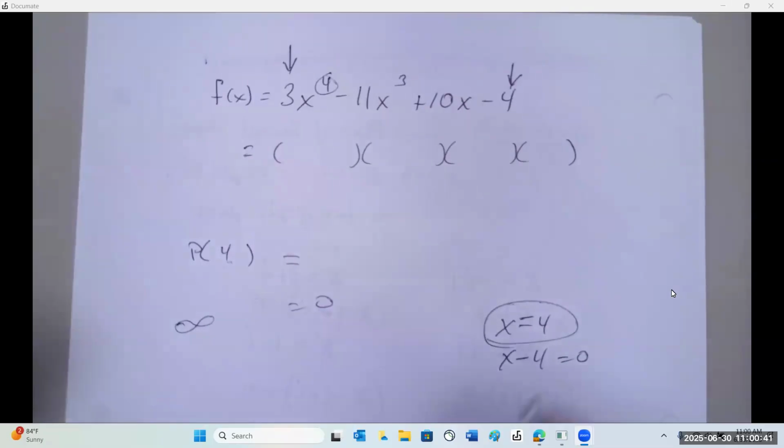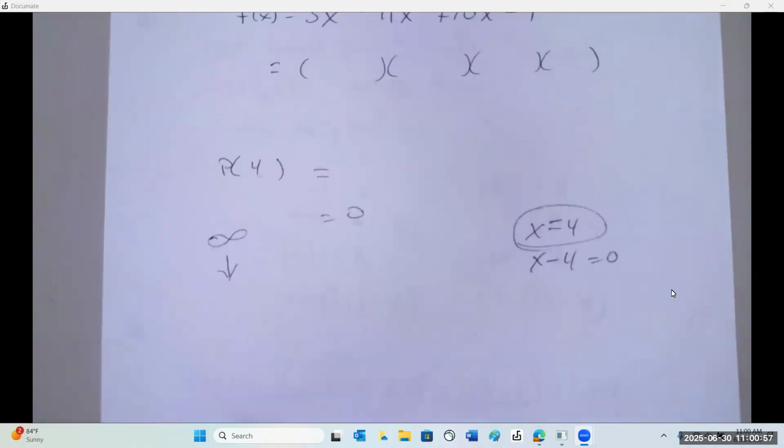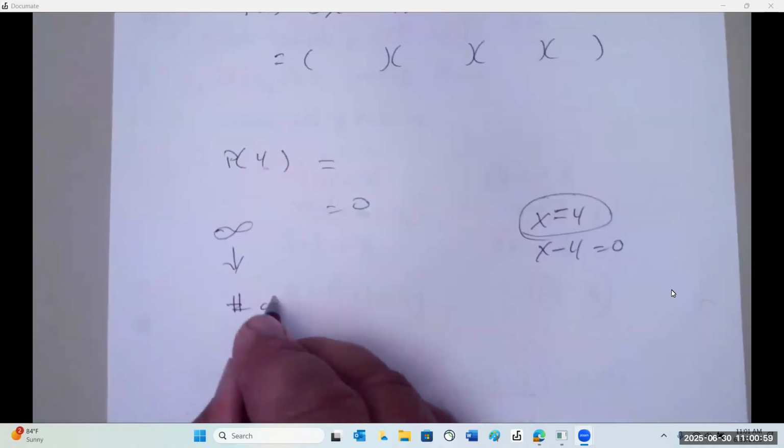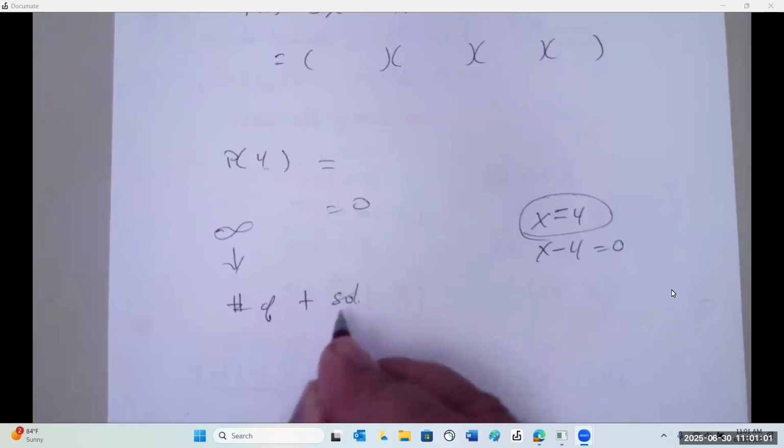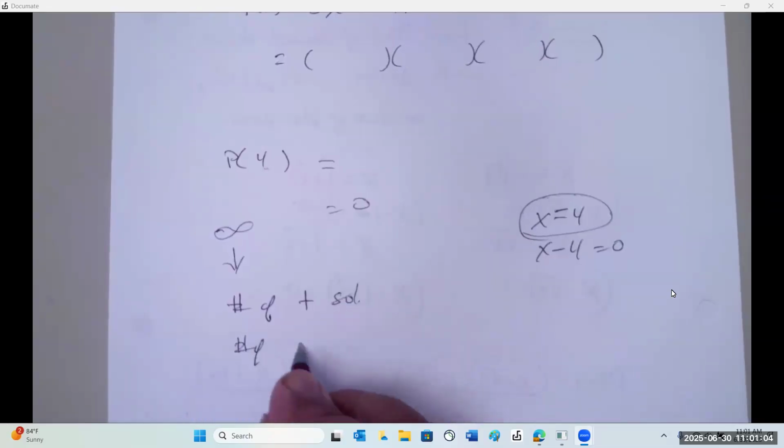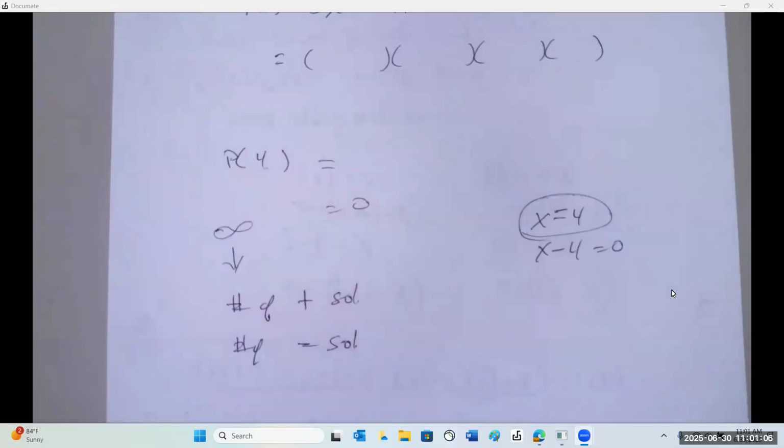What we're going to do is, by looking at these two terms, narrow that down to a small number, maybe 15 or 20 possibilities. And then we'll go one step further by looking at the signs. I'm going to tell you the number of positive solutions and the number of negative solutions.